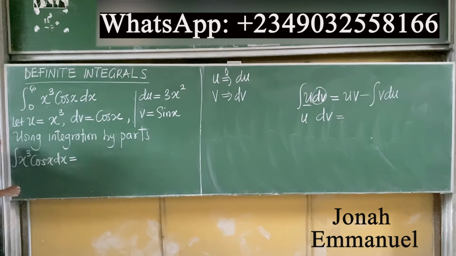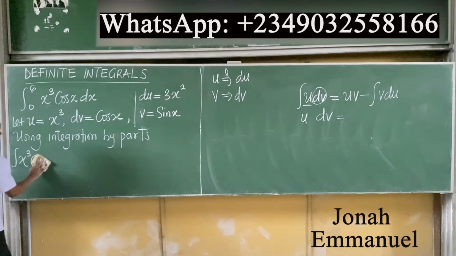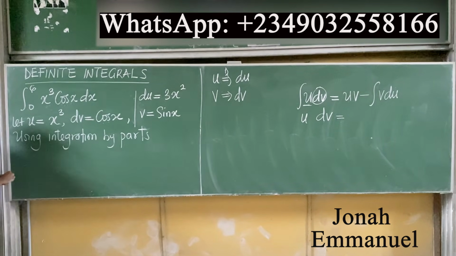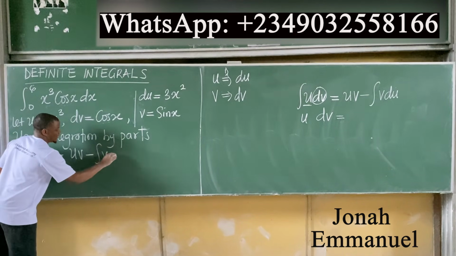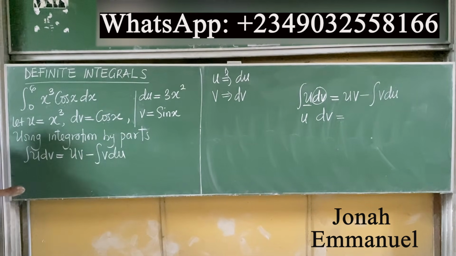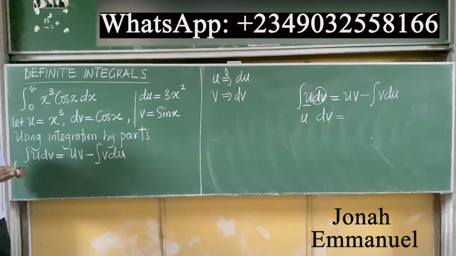Let me write the formula. Using integration by parts, you have that the integral of u dv is equal to uv minus integral of v du. Impute values. Focus.